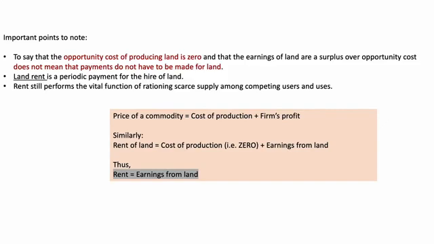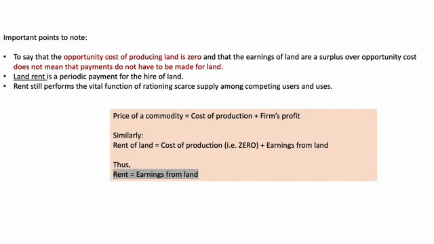In case of land, similarly, the rent of land will be the cost of production of land plus earnings generated from using the land. Given that the cost of production is zero, the rent of land equates to the earnings from land. And this is what we have been saying earlier, that rent for land is equal to the earning from land.